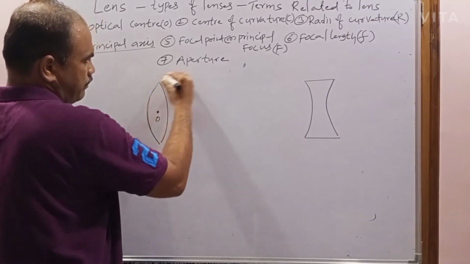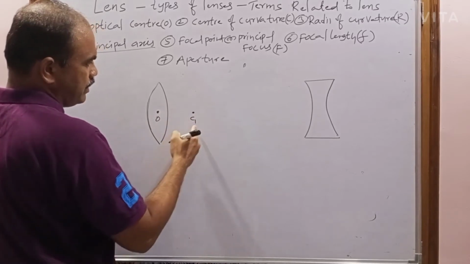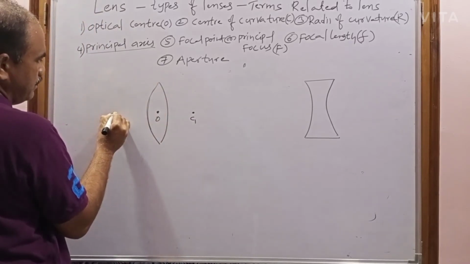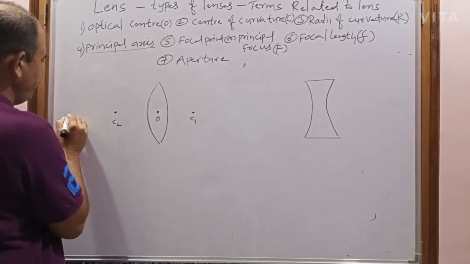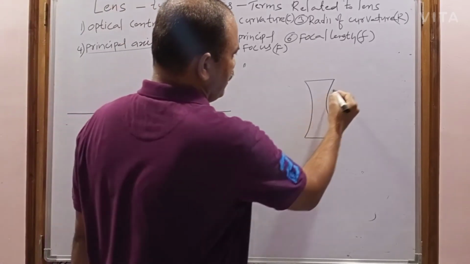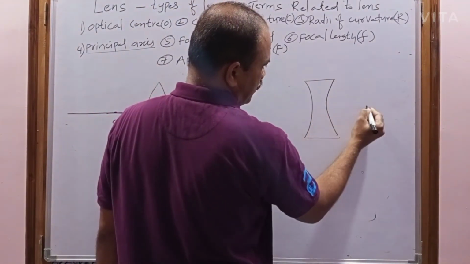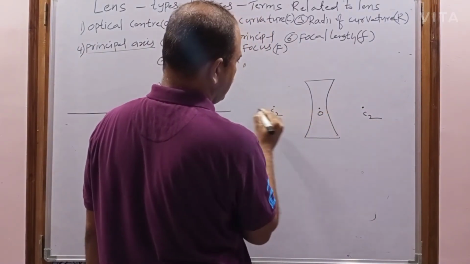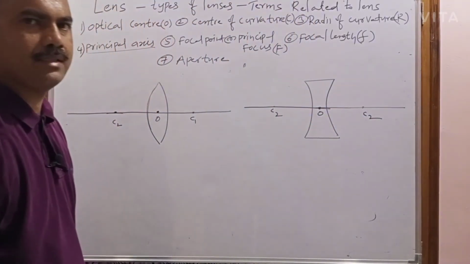By taking this curved surface, when I draw the sphere, you get the center. The center of the sphere is known as the center of curvature of the first surface. The imaginary line passing through the two centers of curvature is the principal axis. In the same way, by taking these two surfaces of the concave lens and drawing the sphere, you get the centers of curvature. Now this is C2 and this is C1, imagine, and this is the optic center. The imaginary line passing through the two centers of curvature and the optic center is the principal axis.